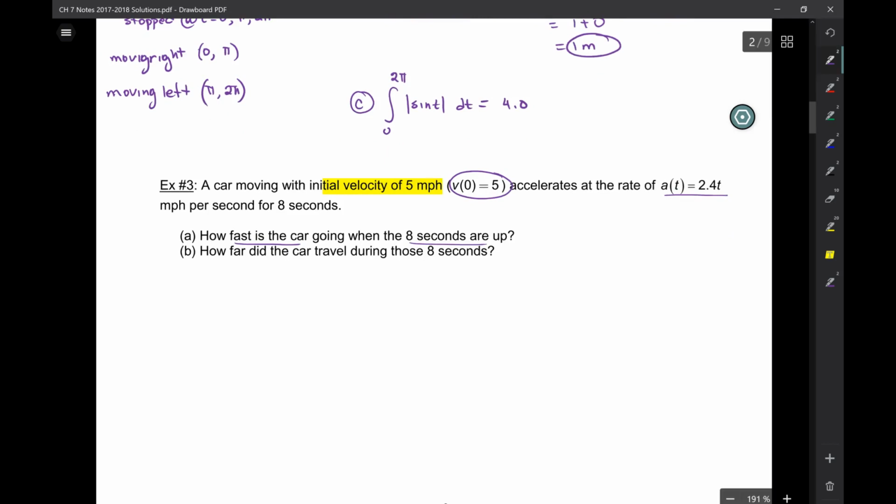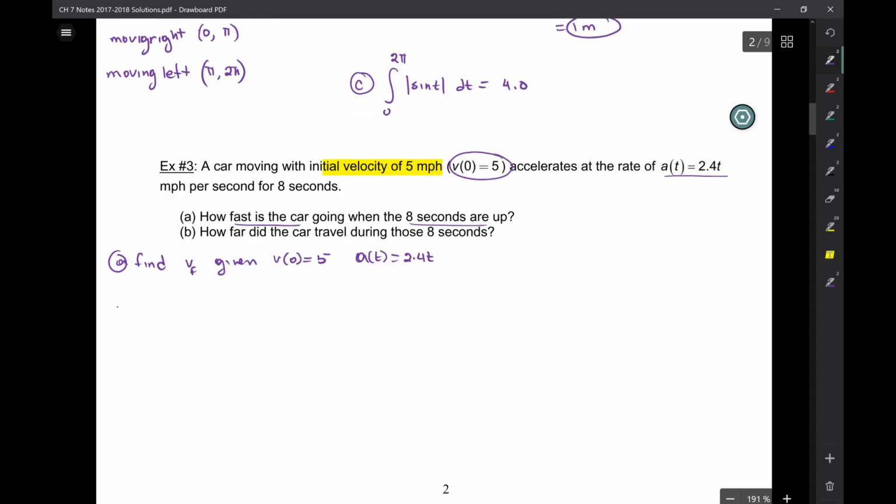So what we're going to do is we have to find final velocity given that V of 0 is equal to 5 and A of t is 2.4 t. So now, the final velocity, that's V of 8, that's equal to its initial velocity plus however much velocity it gained in those 8 seconds.